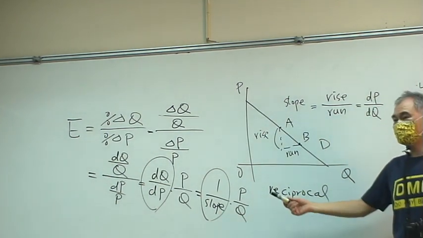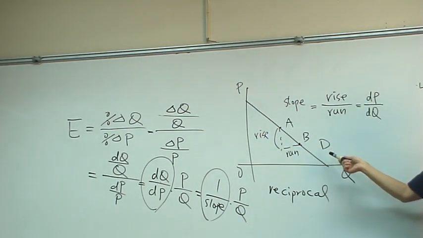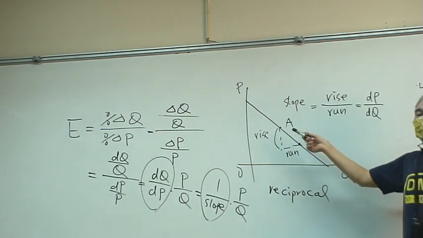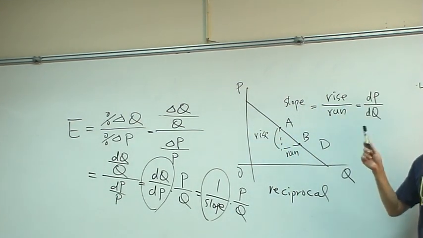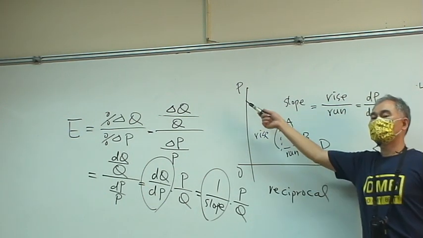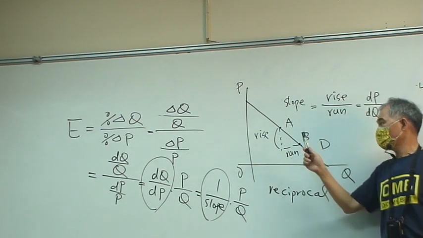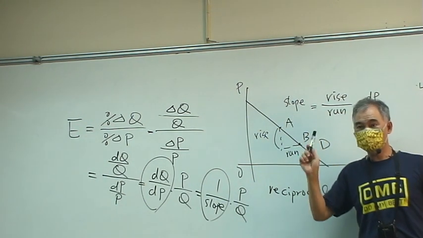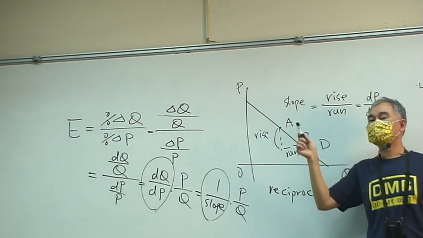Yes, exactly, reciprocal. So if you look at this demand curve, because this is a straight line, every point has the same slope. But can you tell me, is the elasticity all the same along this line? Let me repeat this again. Because this is a straight line, every point has the same slope. The question is, does every point have the same elasticity?